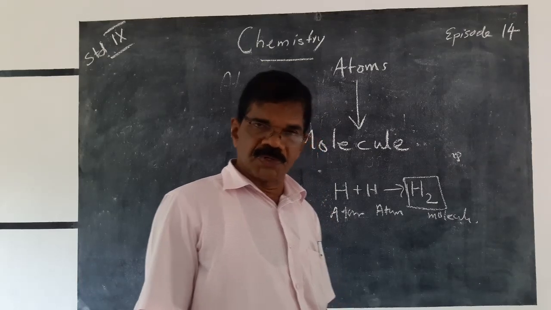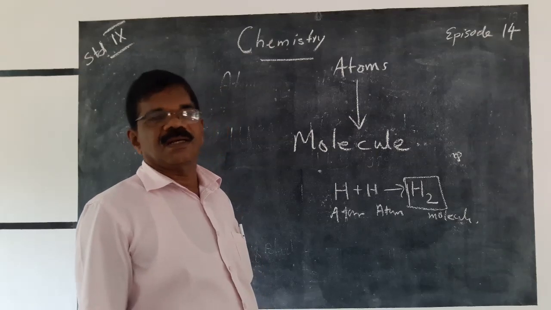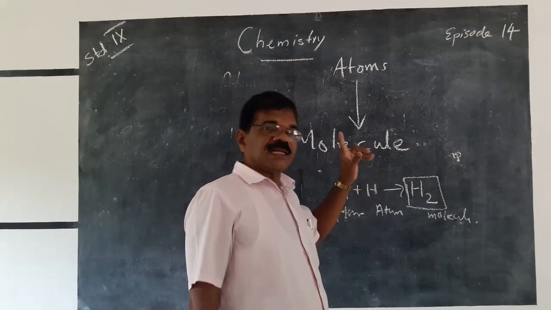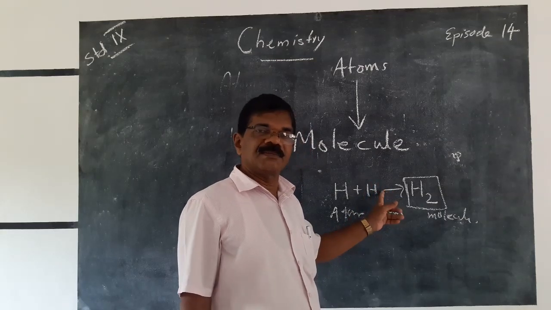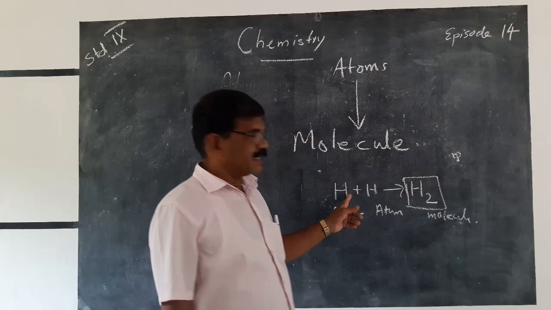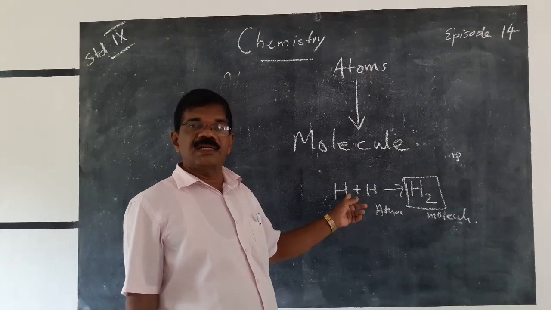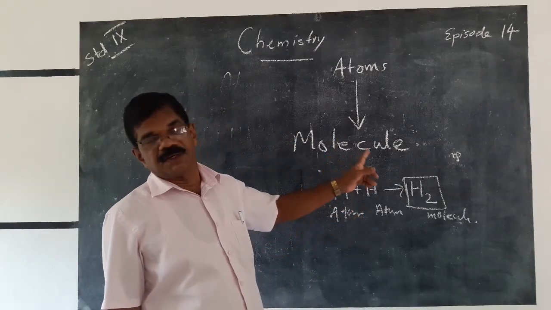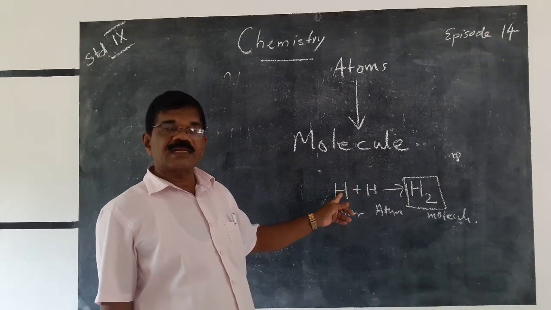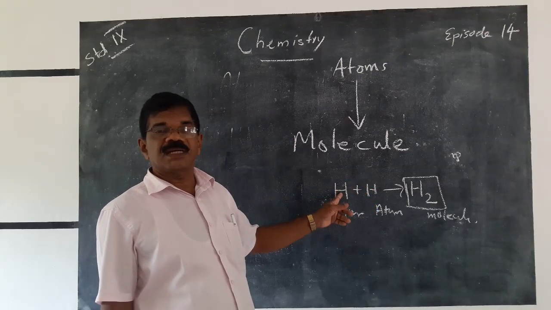As soon as it is produced, it combines either with another hydrogen atom or with any other element. If one hydrogen atom is in contact with chlorine, it immediately forms hydrogen chloride. If hydrogen is in contact with an oxygen atom, it combines to form water, H2O.